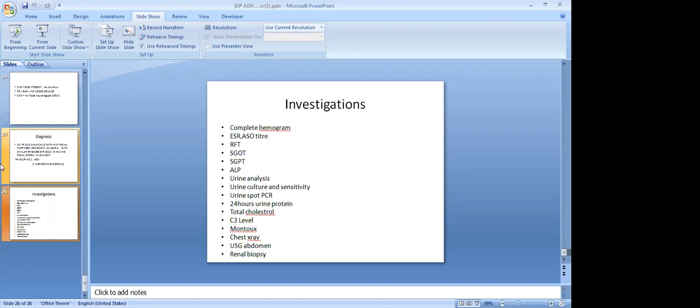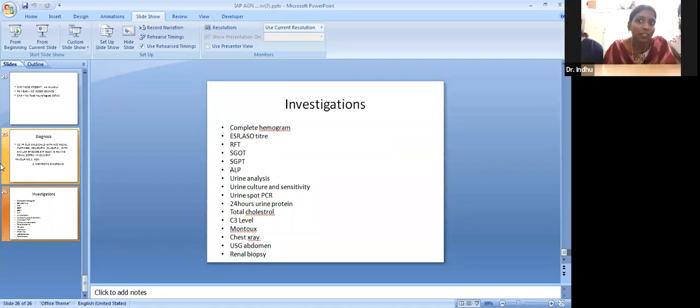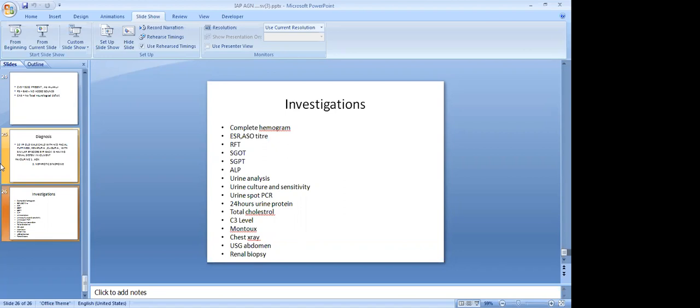Why suddenly low energy? Answer. If you do a CBC here and you find that platelets are low, what will you think? Okay, so an AGN-like picture with thrombocytopenia and severe hypertension, you want to entertain the possibility of hemolytic uremic syndrome.